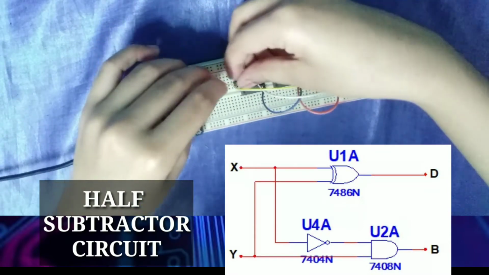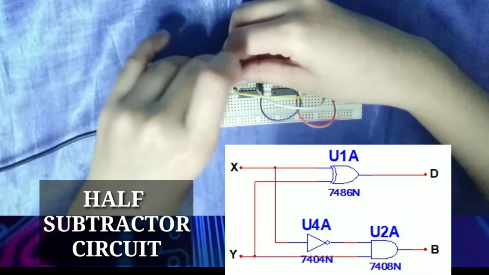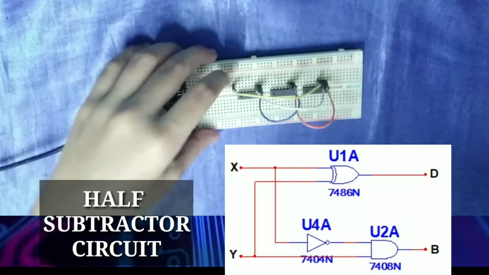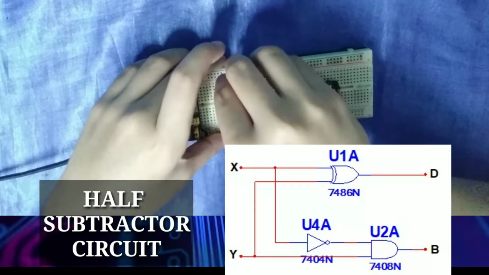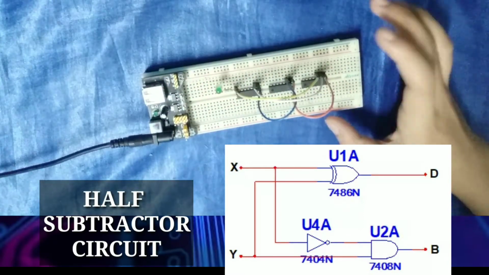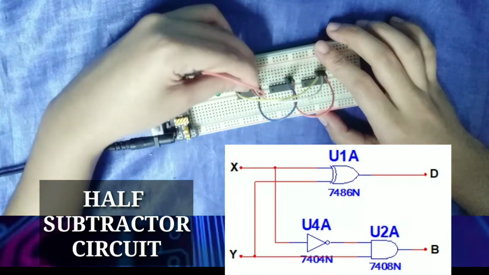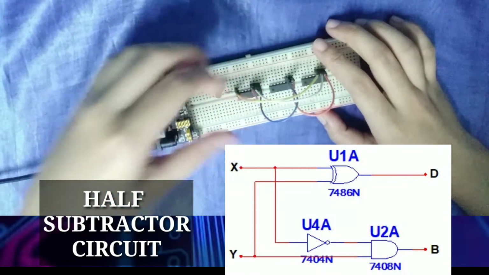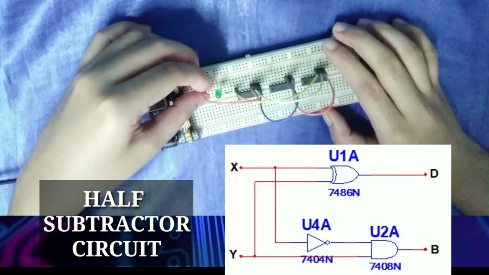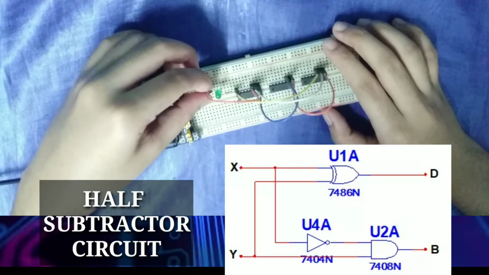Okay, so here it is. And for our output D, we will be connecting a green LED light. And our output for borrow, which is A prime B, will be connected to the third pin of the 7408. And let's just connect it here.